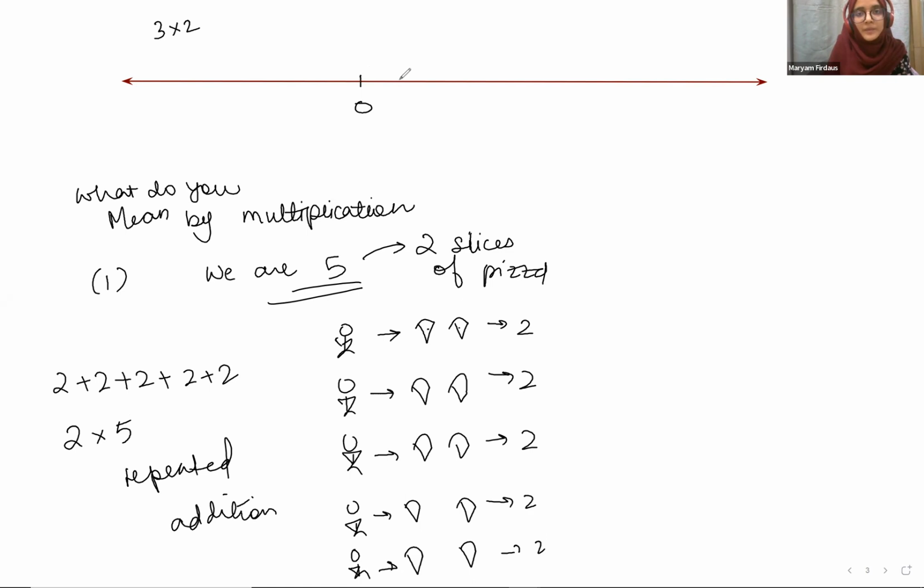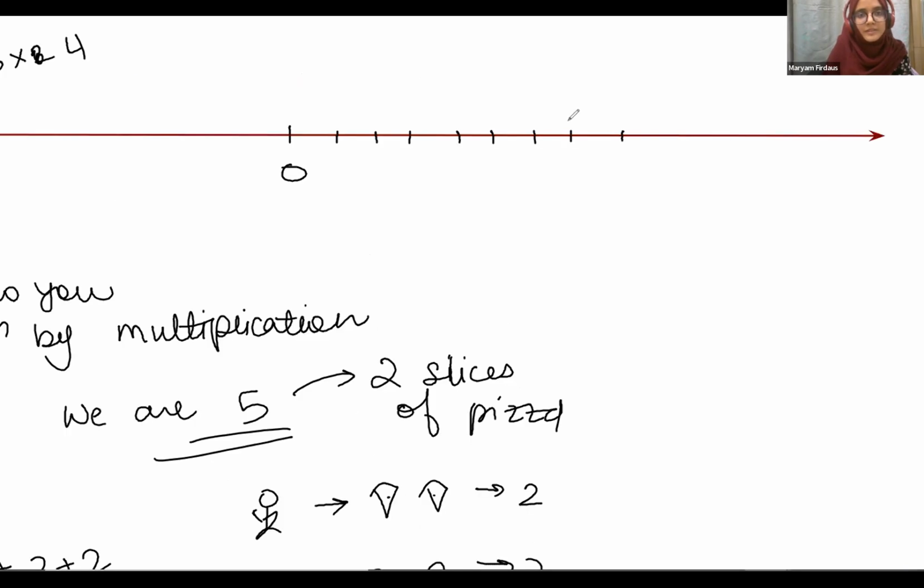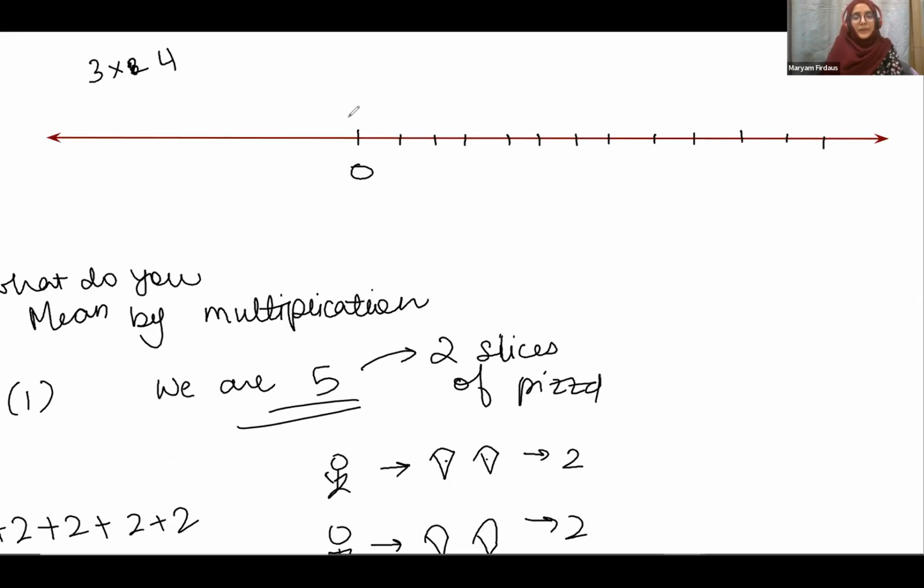This is my 0. 1, 2, 3, 4, 5, 6, 7, 8, 9, 10, 11, 12. So basically what I'm doing here is I am saying 3 plus 3, how many times?